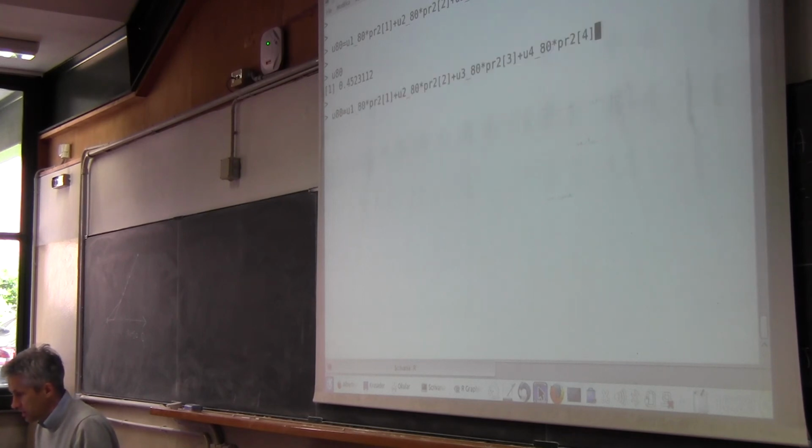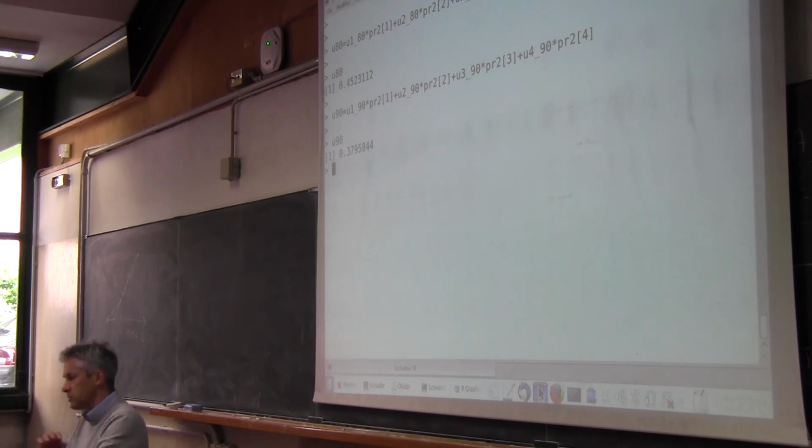Okay, now we can compute U90, and I can modify the previous computation. U90. It's less useful, which is to be expected, because we took a conservative approach.